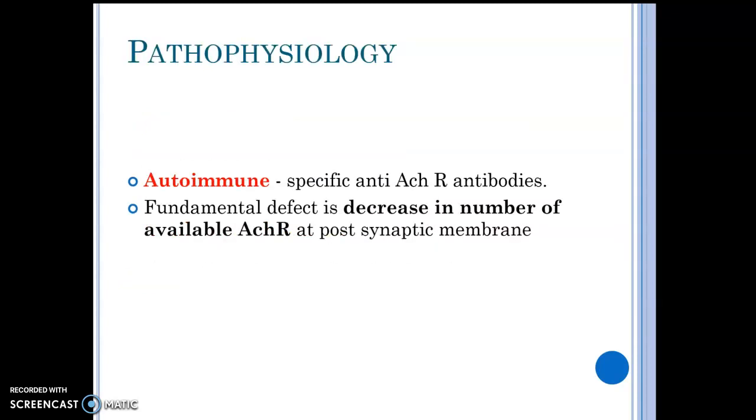The pathophysiology of this disease is that it is an autoimmune disease. Our own body will produce antibody against the acetylcholine receptor. So the acetylcholine receptor number and availability will be reduced, as the neurotransmitter doesn't have the receptor to bind.